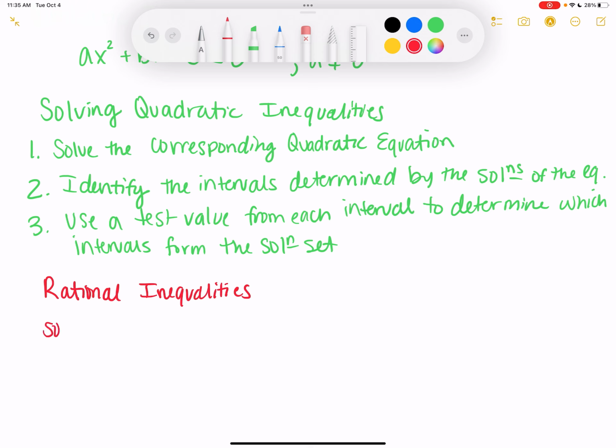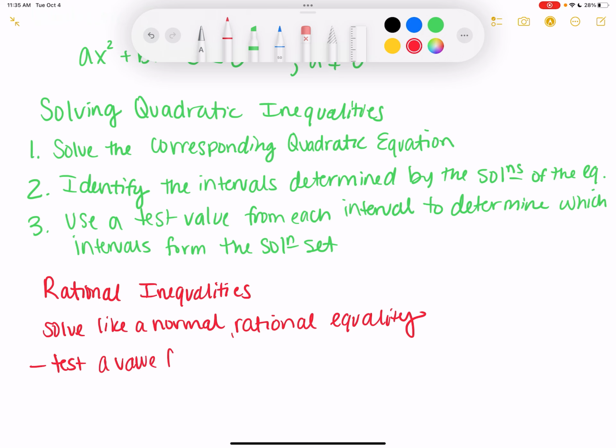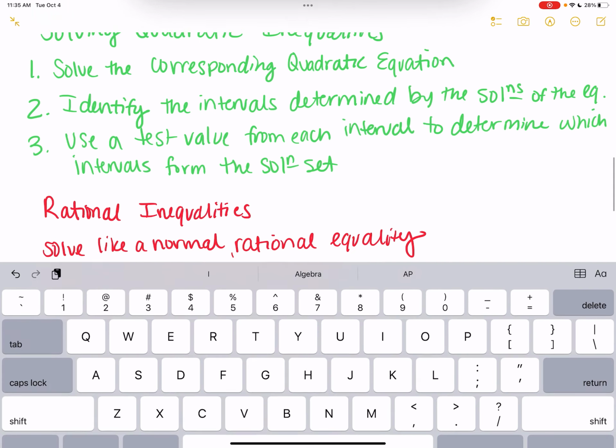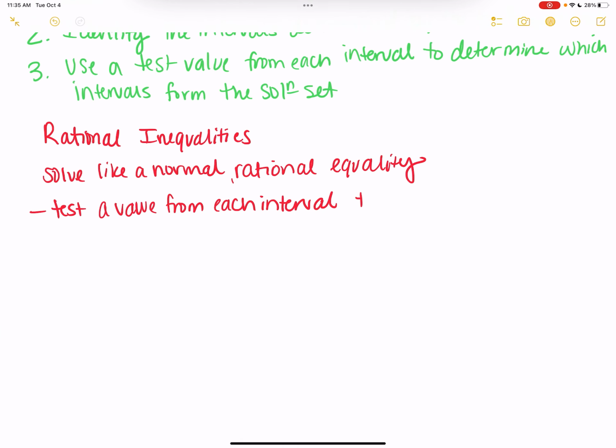So I'm just going to say solve like a normal rational inequality, but test a value from each interval to determine which intervals form the solution set.